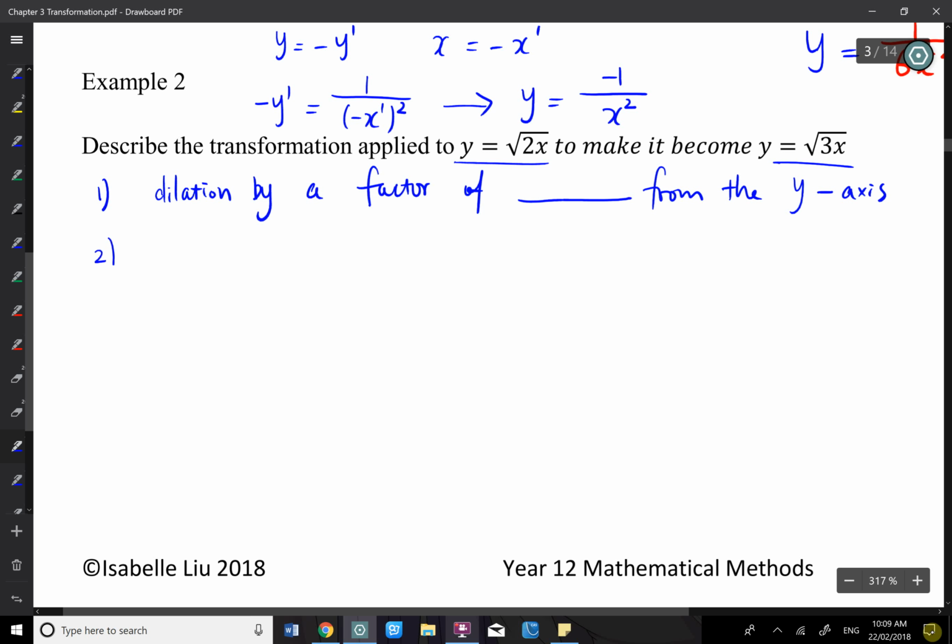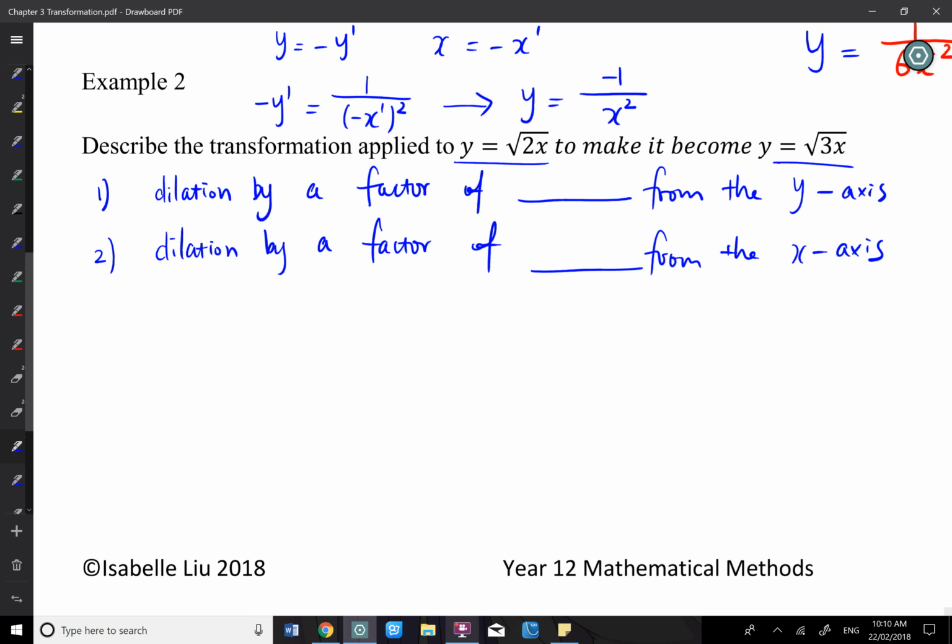And the second one, I want you to answer dilation by a factor of what from the x-axis. Okay, that's 2 separate questions. Okay, you can only choose one number in each line to tell. It's not like it happens both by x and y.